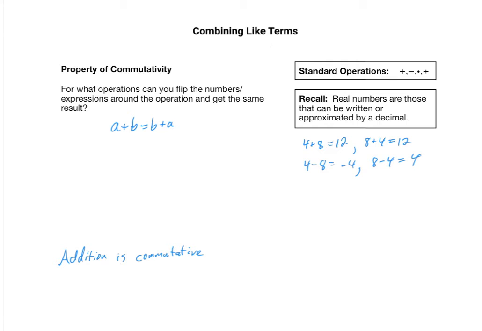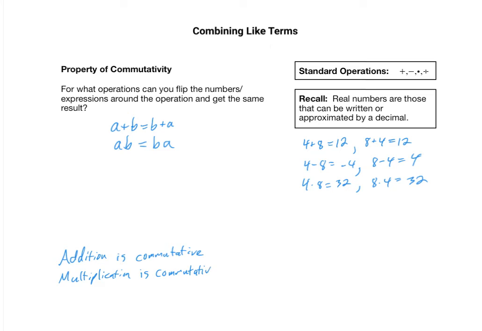Let's check out multiplication. 4 times 8 is 32, and 8 times 4 is also 32. Now, in this case, we got the exact same thing, and this is actually true no matter what 2 real numbers we used. A times B is always the same thing as B times A. So multiplication is also a commutative operation. We've got 1 left.